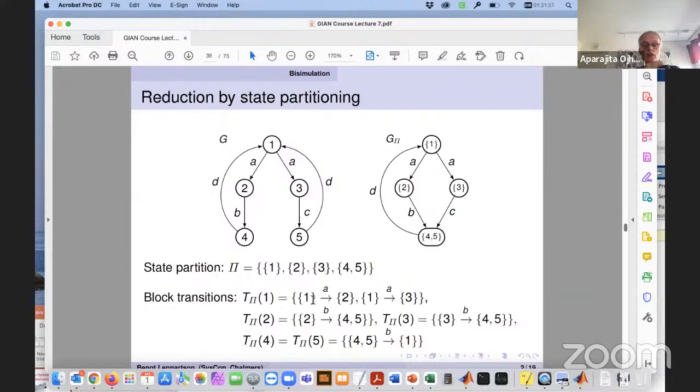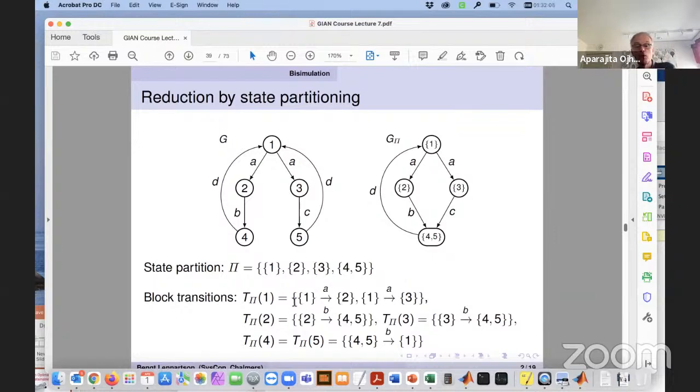Now I still consider these generally as blocks of states, because after some time we will get state blocks here. Then you also have another transition from 1 to 3 with an A. So this T pi R1 is simply block transitions.